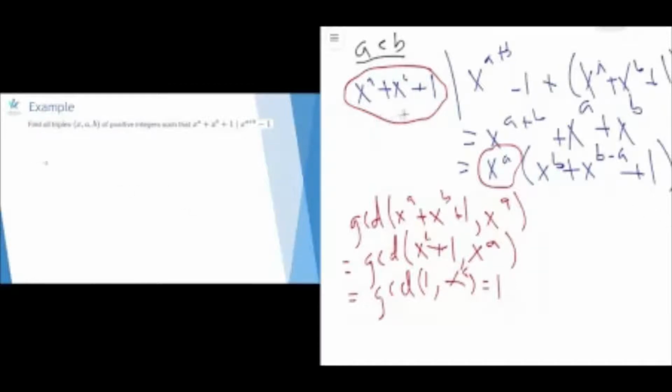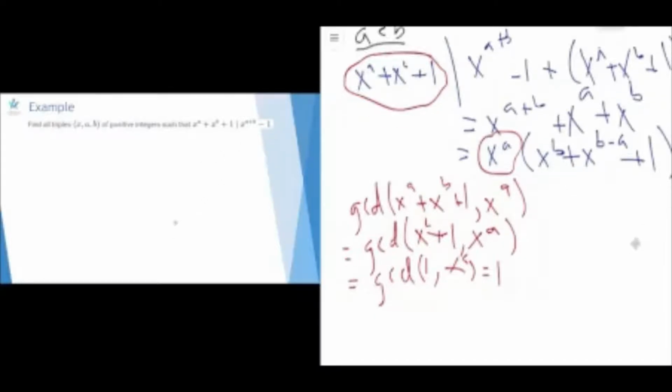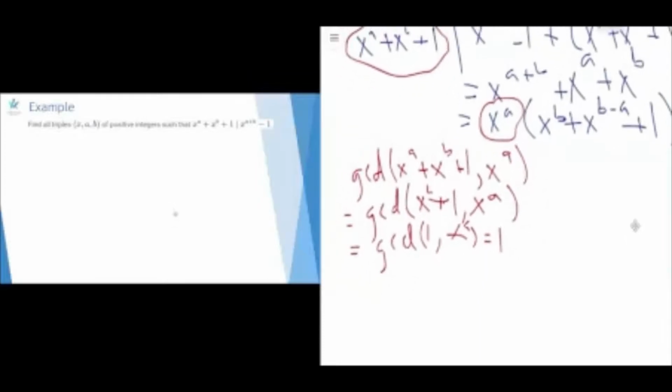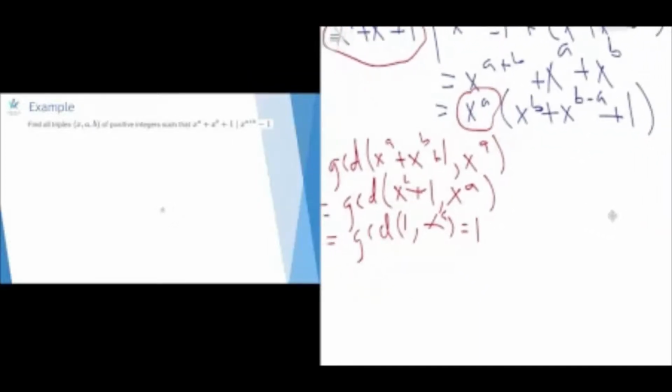So what that means is we can completely discard x to the a and write that x to the a plus x to the b plus 1 is dividing x to the b plus x to the b minus a plus 1.